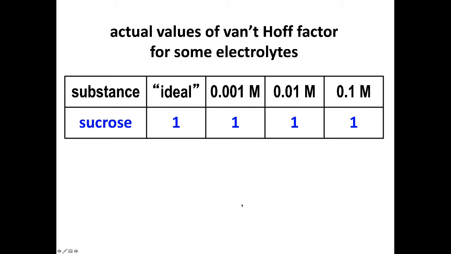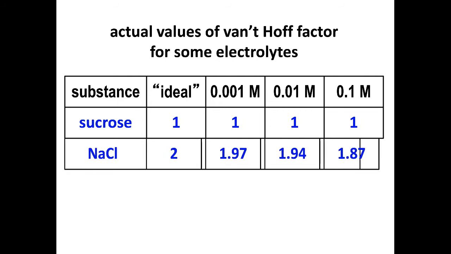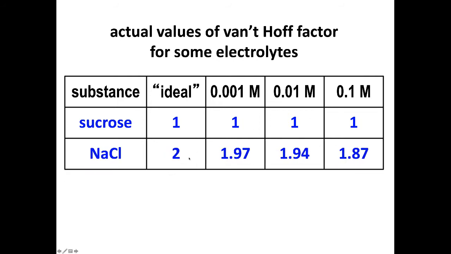And if we do measurements, kind of like the previous problem, we find that whatever the molarity, 0.001, 0.01, and 0.1 molar, sucrose pretty much always does not break apart into pieces, or at least not appreciably.